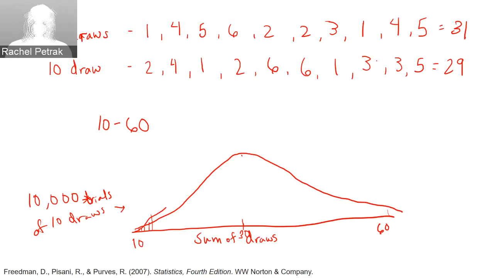They're more likely to show up just based on the simple probability of how the sums add. And this is the basic idea behind sampling, the normal approximation for a probability distribution.